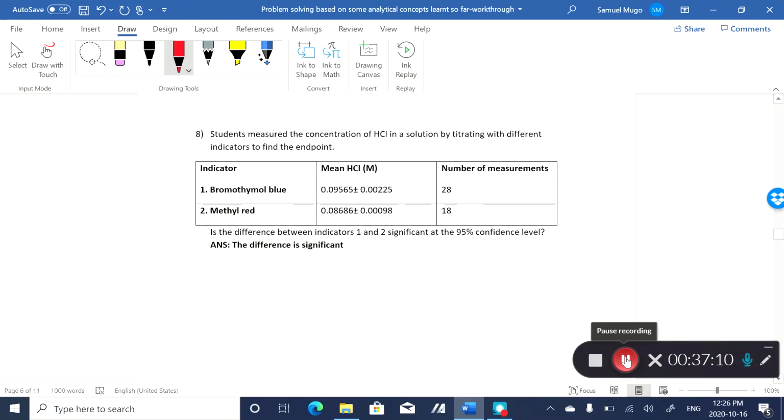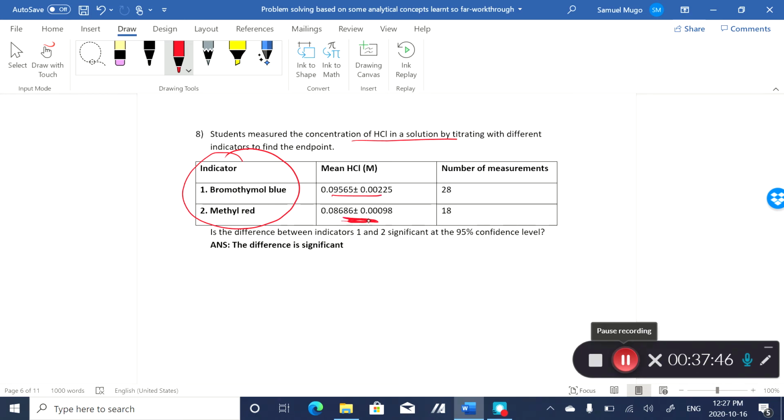So to give you an example, you've got a student here who measured the concentration of HCl by titrating it using a base, but they used two different types of color indicators, the bromothymol blue and the thymol red. And so they got these results: the mean when they used bromothymol blue is written there, and for the thymol red they got those results.